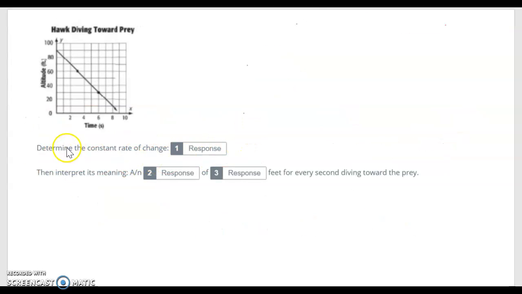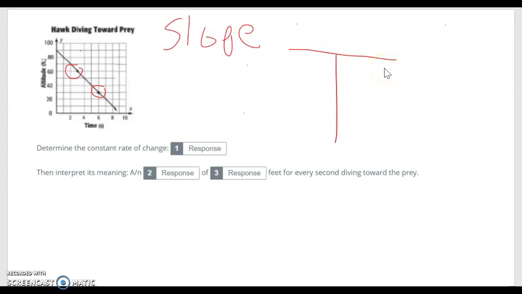Question 3, it says determine the constant rate of change, then interpret its meaning. Constant rate of change is the same thing as slope. That's what we are doing. I'm going to utilize this point right here and this point right here, and I'm going to make a table.